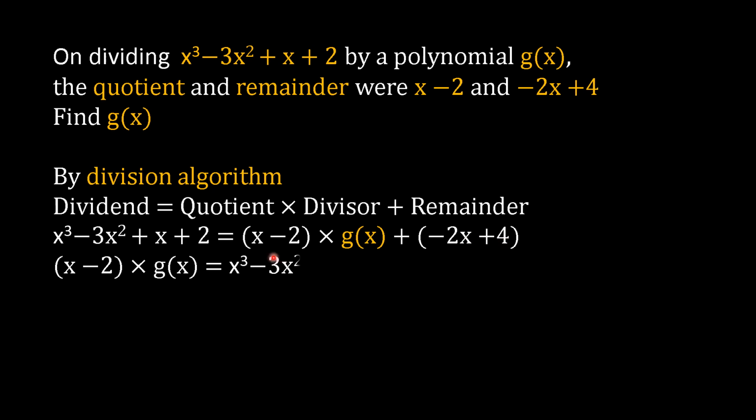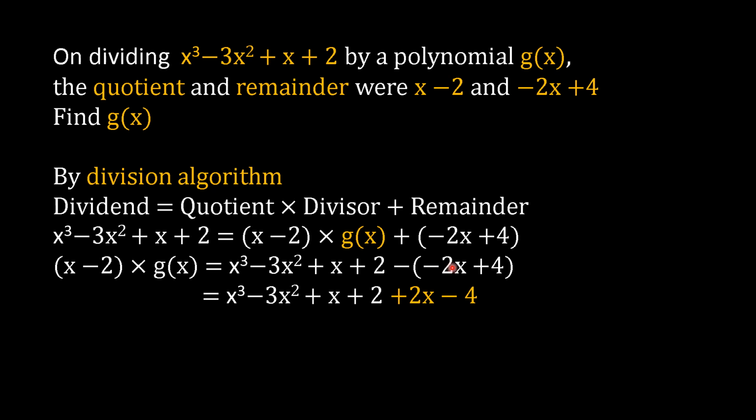We will write x minus 2 multiplied by g(x) on the left hand side and write the dividend on the right hand side, and from it we will subtract the remainder, which is minus 2x plus 4.